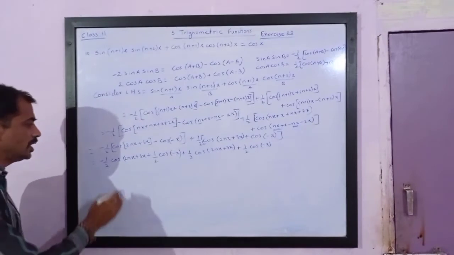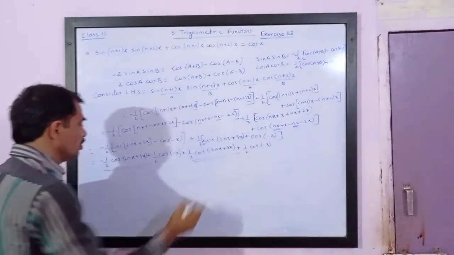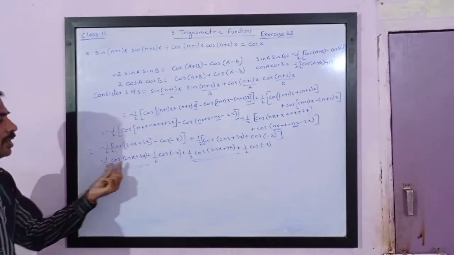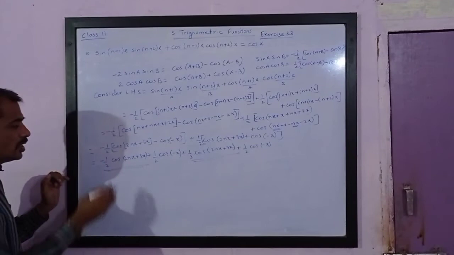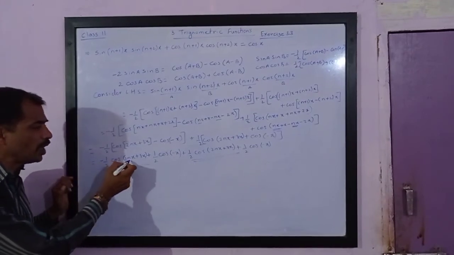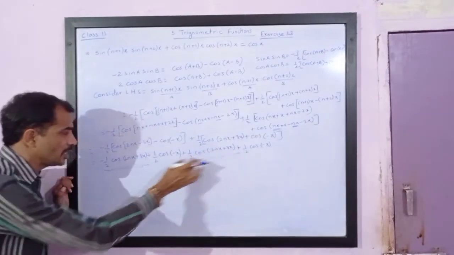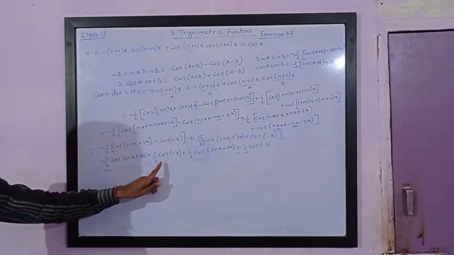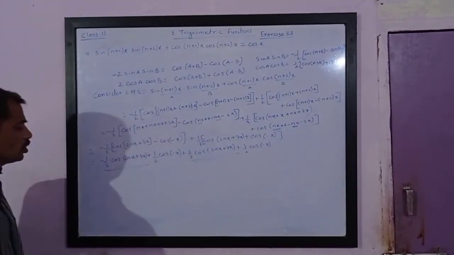Now watch carefully, this term is negative, this term is positive, both terms are the same. If the same term is subtracted from the same term, we get 0. So negative half cos(2nx plus 3x) and positive half cos(2nx plus 3x) cancel each other. Only those two terms will be left.